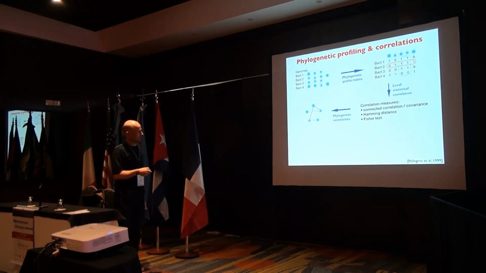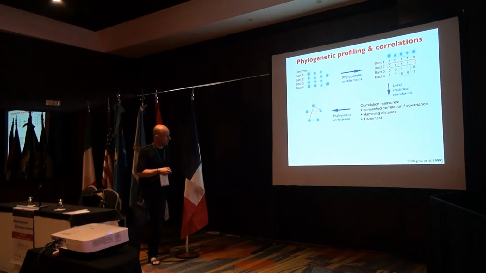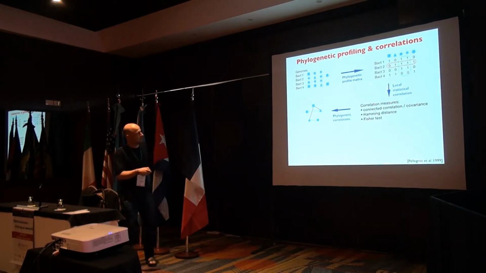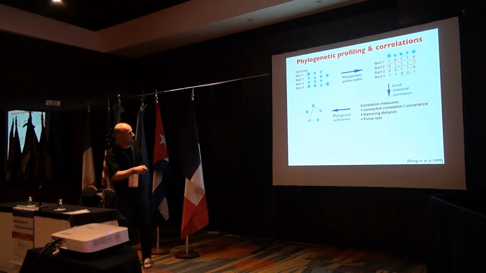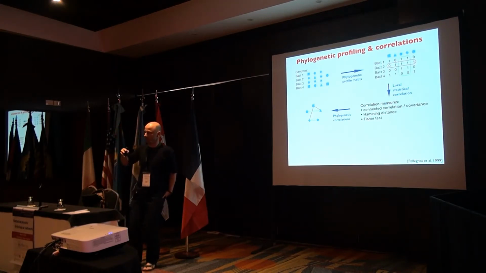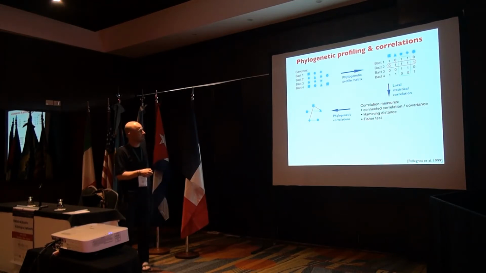And what phylogenetic profiling in the original formulation did is to look for some statistical correlation. So in this table here, one line, like this red one here, is one bacterium, and a column is one domain. So it's a generalization or a modification of what I had in the multiple sequence alignments.